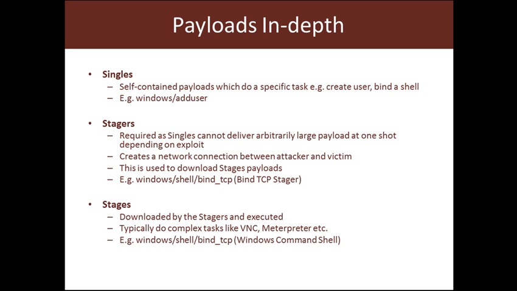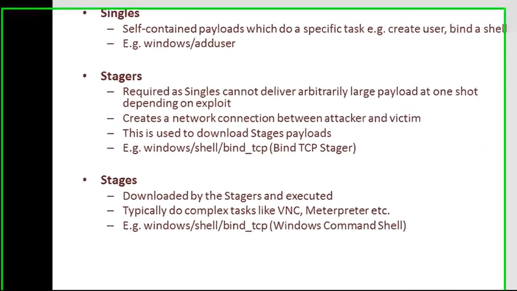And then this network connection is used to download the stages payloads, which are other payloads such as VNC, Meterpreter, etc. So the beauty is that the payload itself can still accommodate the size which the exploit allows. But after the payload runs, which is the stager, it creates a network connection over which we can import more powerful payloads and programs to run on the remote system.